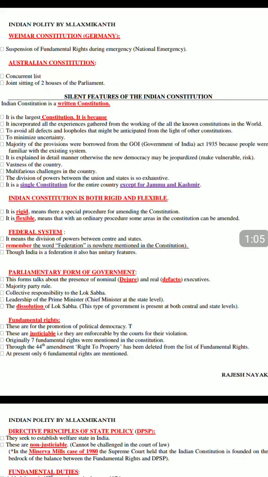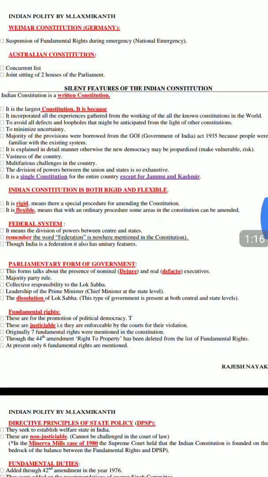For example, the federal system of government with a strong central government has been adopted from the Canadian constitution, and the concept of judicial review and the parliamentary system of government was adopted from the United States Constitution, and the directive principles of state policy has been adopted from the Irish Constitution.